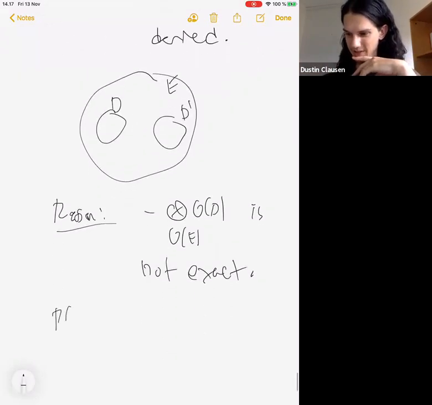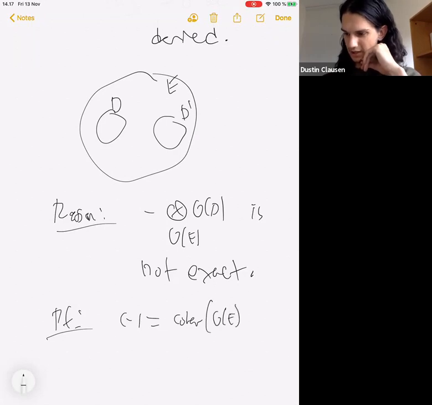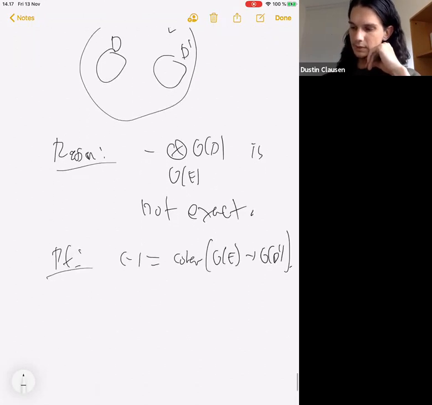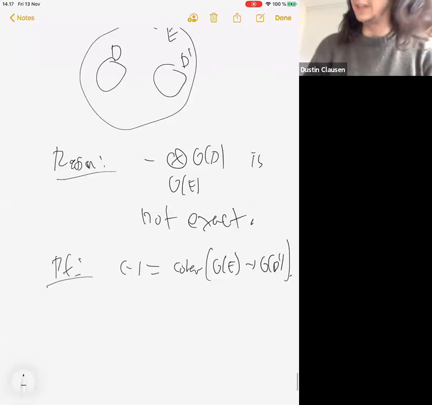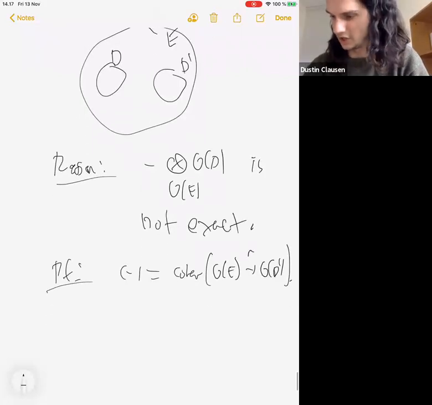And the proof of this is that, let's take the co-kernel of the following injection. So O of E mapping to O of D prime. First of all, O of E, this is an injection, right?